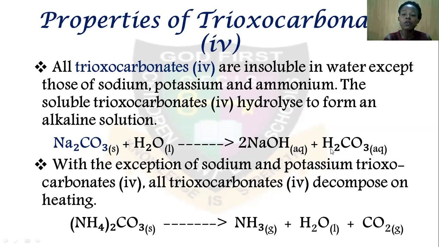Remember, carbonic acid is a weak acid and sodium hydroxide is a strong alkali, so it will become alkaline. That means it will turn red litmus blue in this solution. So that's why we say that it hydrolyzed to give us alkaline solution.